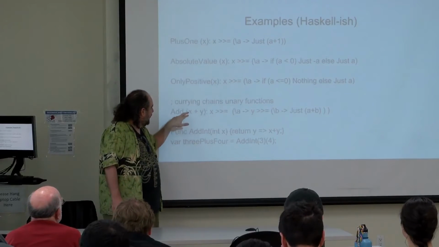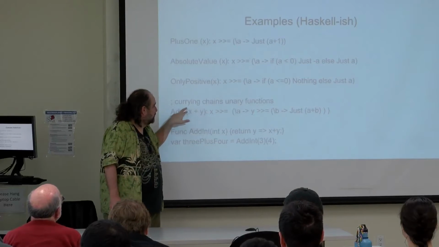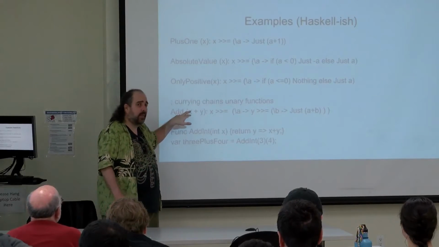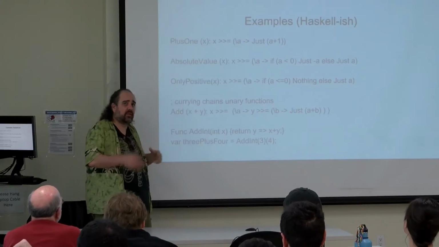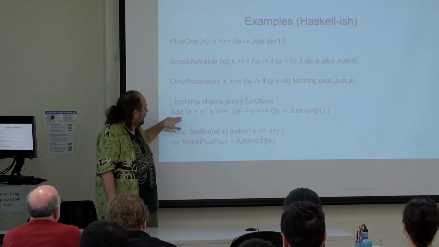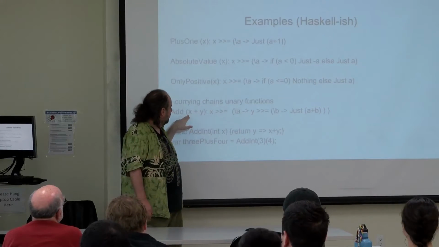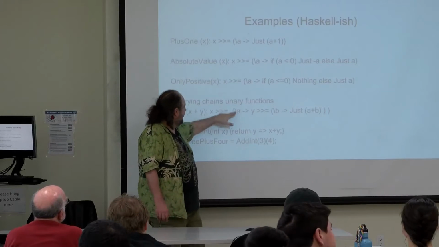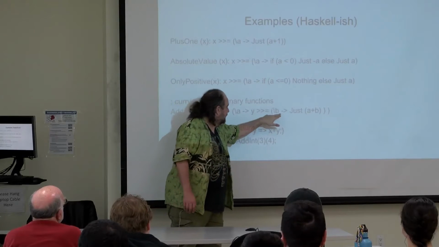One is a function that takes whatever the current value of x is and adds it to whatever parameter is passed in. And then you have a function that produces that value for any given value of x. So in add, you can see here that we're taking x and binding it to a function that takes an a and binds to a function that takes a y and adds it to a.